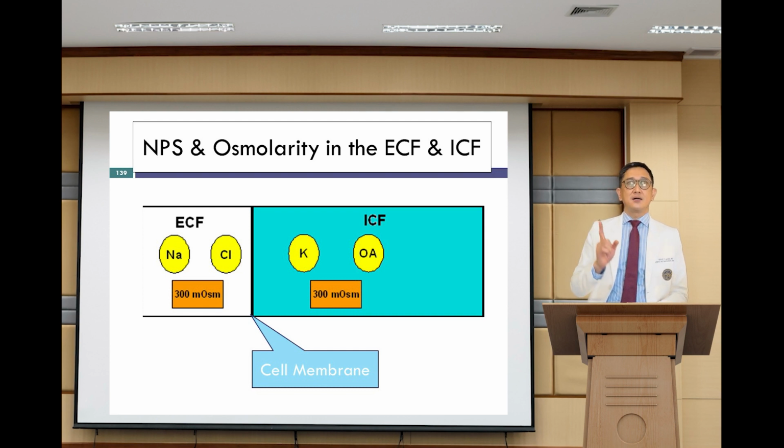Remember that the osmolarity between the ECF and the ICF are equal, meaning if they are equal, there will be no movement of water from ICF to ECF or ECF to ICF. So you maintain that normal plasma or that normal osmolarity in each compartment, non-penetrating solute.